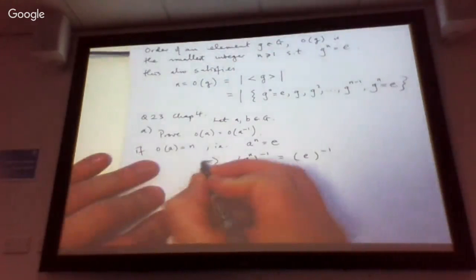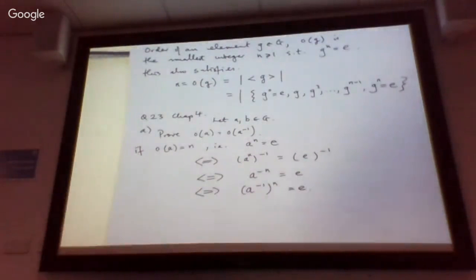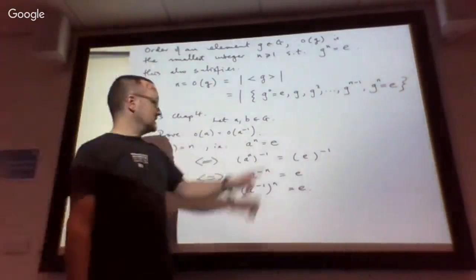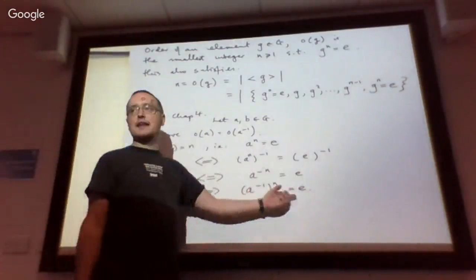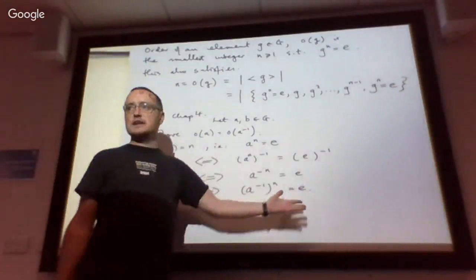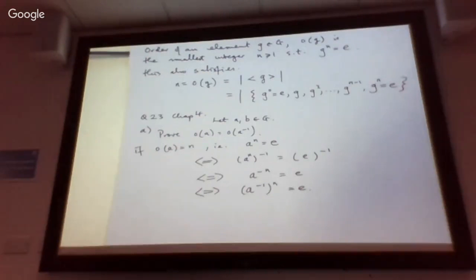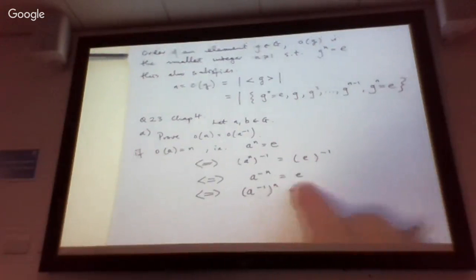So what we have there is this observation that if A to the power n is equal to the identity, that's equivalent to A inverse to the power n being equal to the identity. So you can't have one of the elements raised to the power n equal to the identity and one of them not.